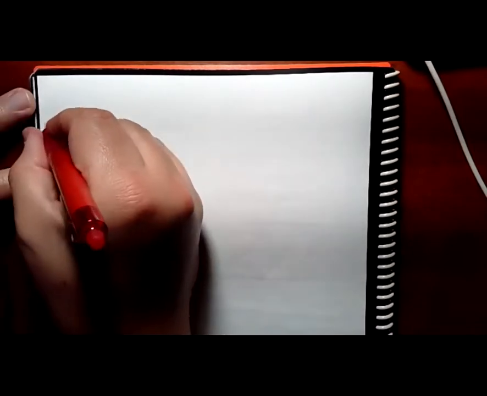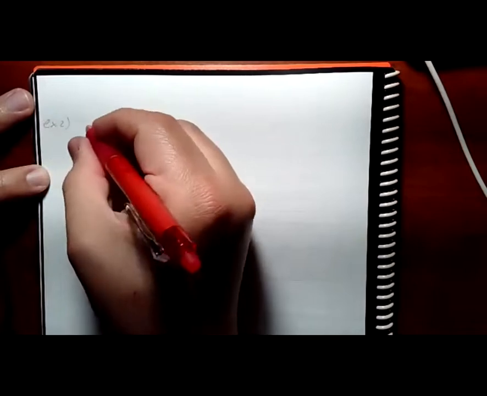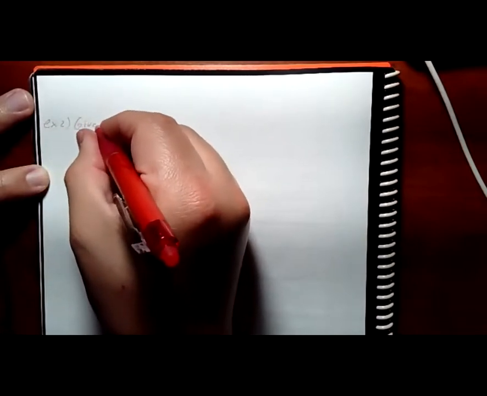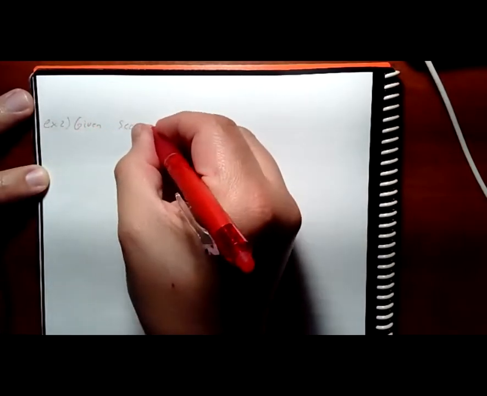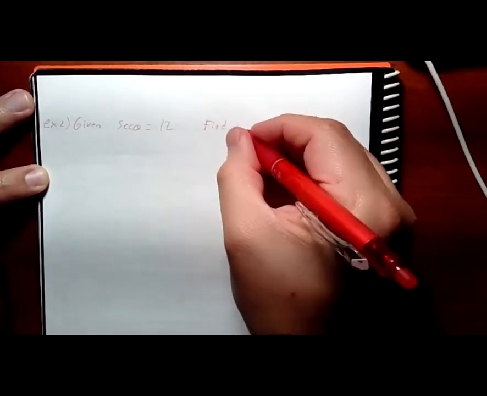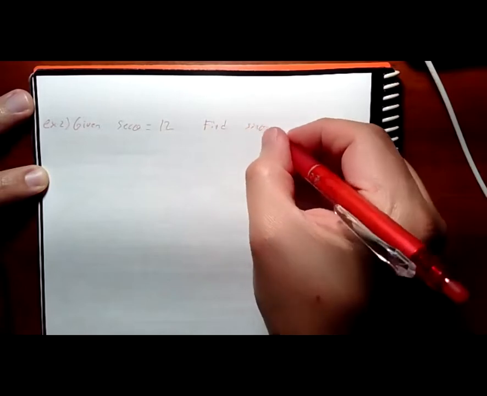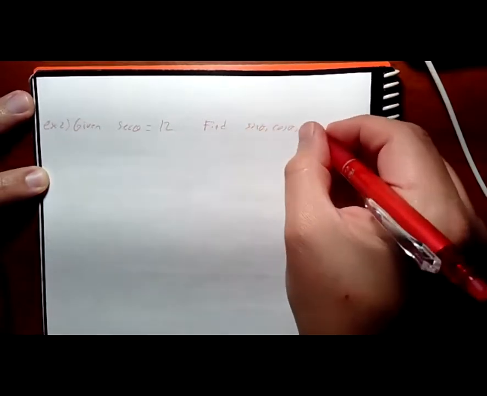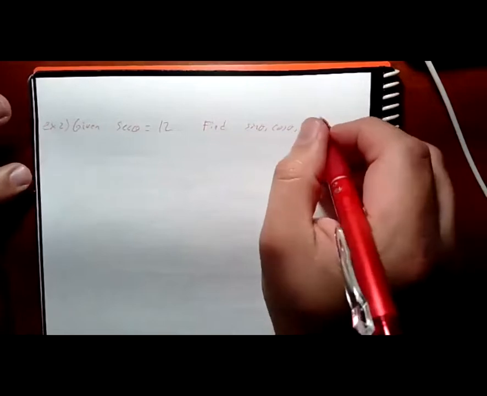So you also have examples like this where they give you one trig function. So given secant theta is equal to 12, find sine theta, cosine theta, tangent theta.